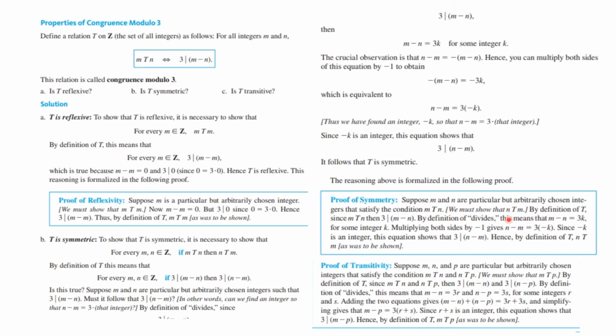We must show that n T m. So by definition of T, since m T n, 3 divides m minus n. But by the definition of divides, this means that m minus n is 3k, so that means that the other direction would be 3 times minus k, and so it is symmetric. And the proof of the transitivity follows similarly.